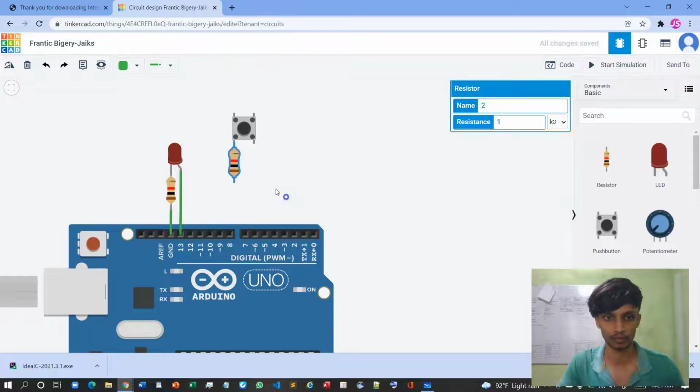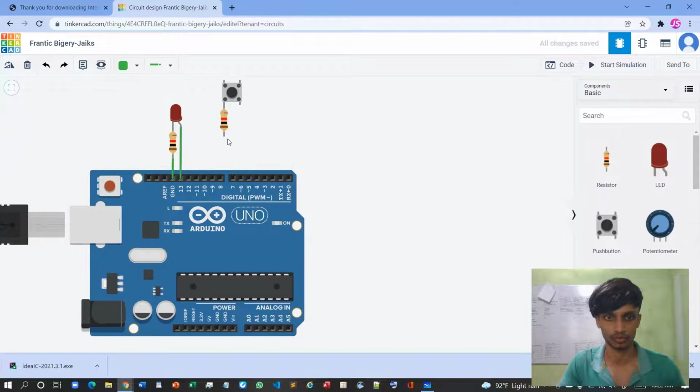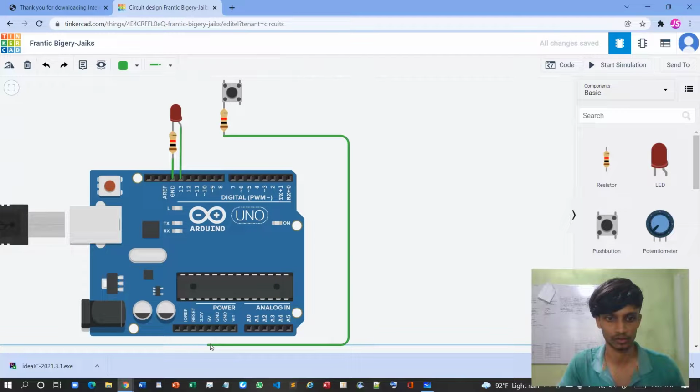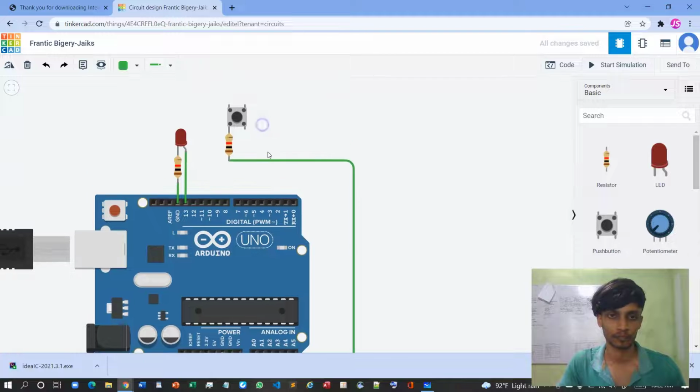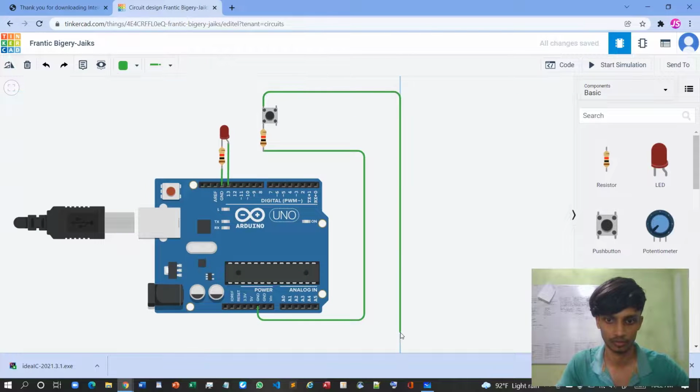Since this is a pull down resistor, this needs to be grounded. So maybe I can choose this ground. Then this terminal needs to be connected to the 5 voltage. Initially I think we have default 5 voltage over here.